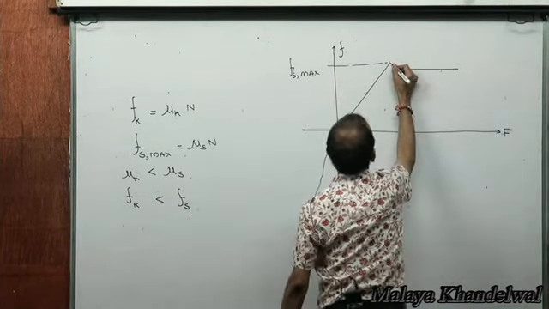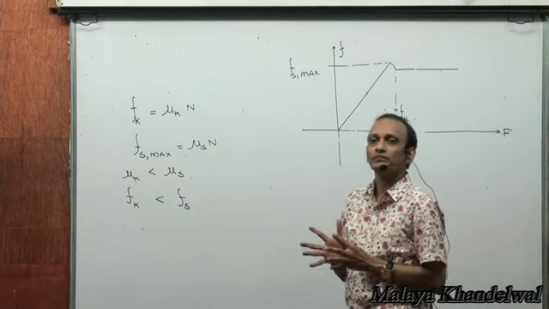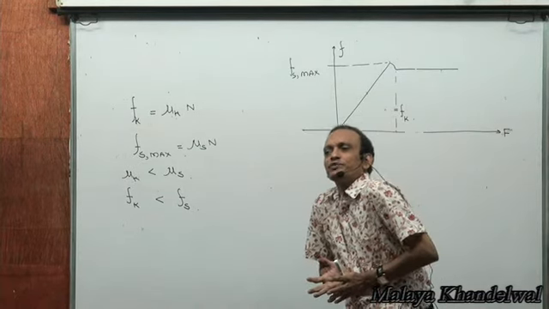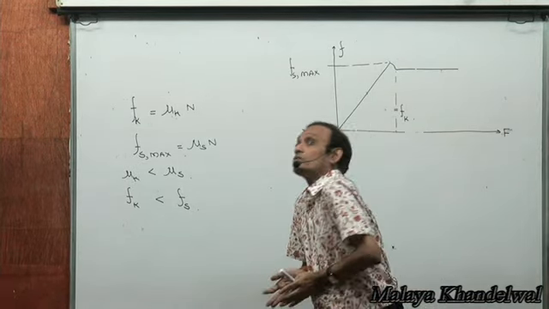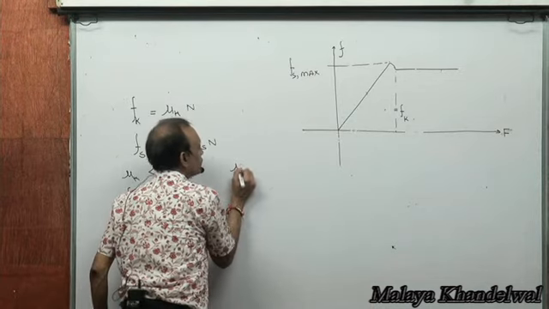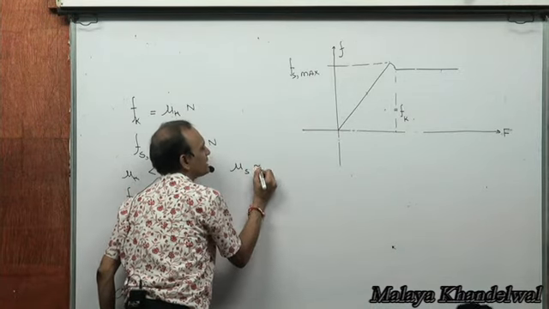And when it's really small, and they give you only the value of mu s, and kinetic friction also comes into play in a given situation, then it's okay to assume that mu s is approximately equal to mu k.